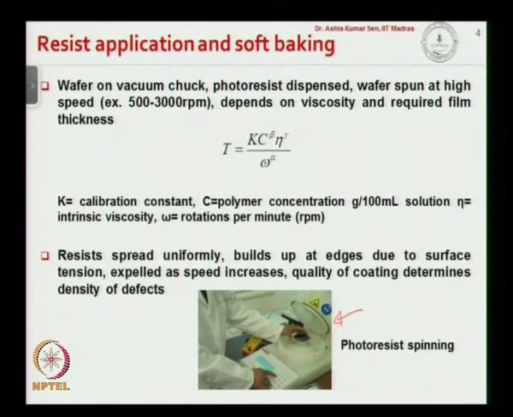Okay. So this is what you see here. This is a typical spin coater, and here this is the vacuum chuck, and we are placing the wafer on top of this and dispensing photoresist, and this is the lid which is closed for safety, and then this motor underneath here will rotate the chuck at the required RPM. Okay.